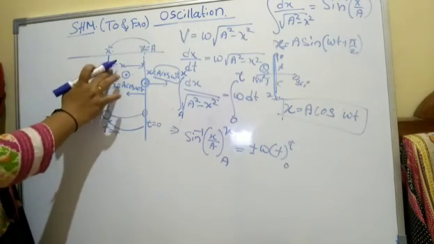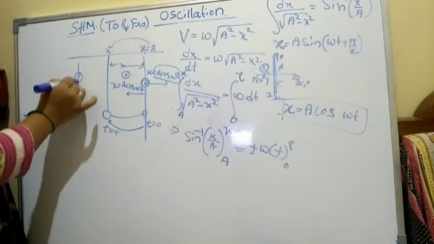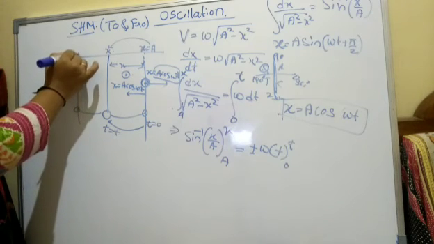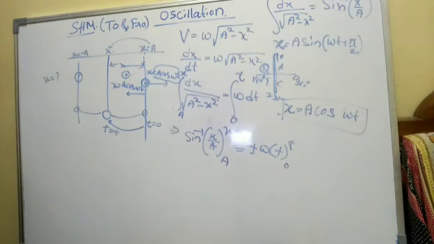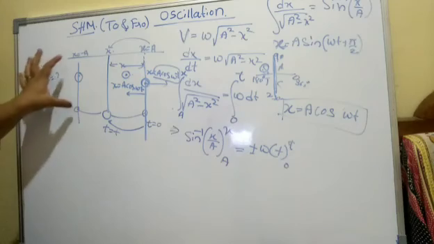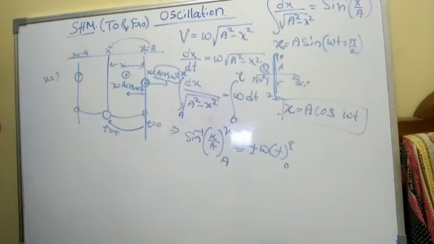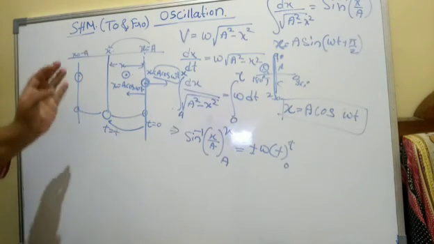This is very important. When the particle is at the negative extreme position, here x will be minus a. What will be the general equation? That we are going to study in the next class. So before going to this part, you have to understand this concept here, because this is one of the synopses to solve the numerical problems and the competitive problems.